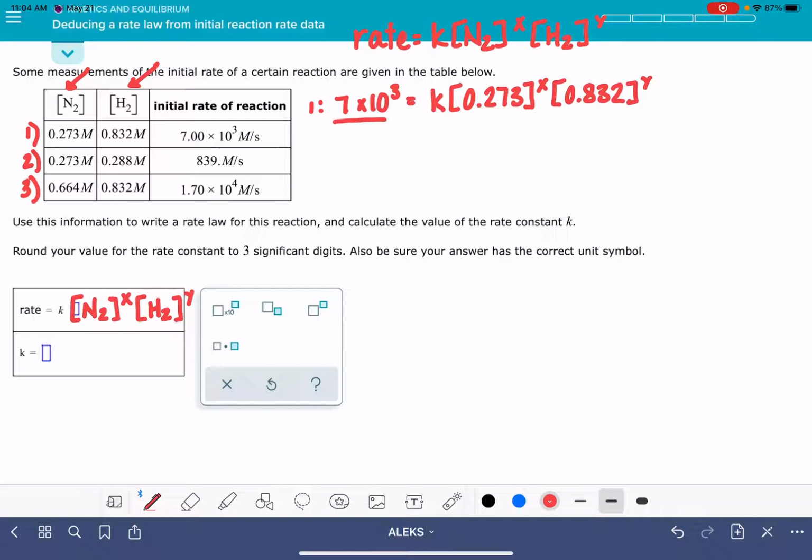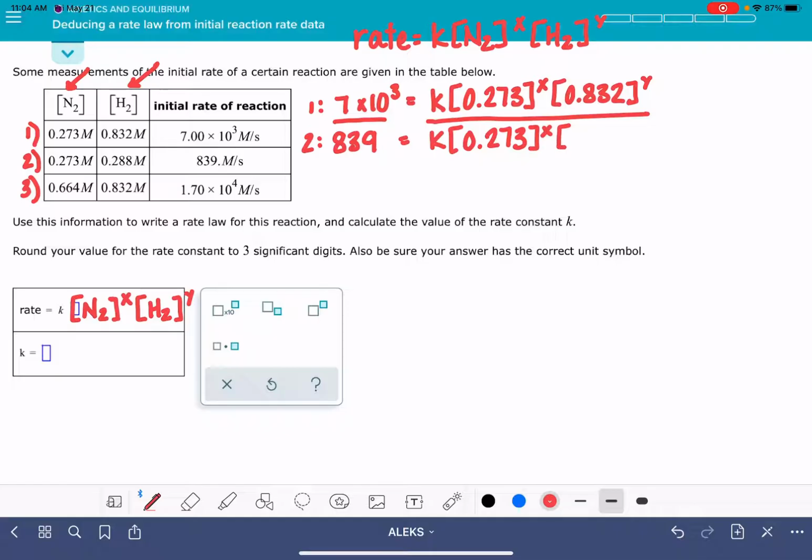Now, underneath all of that, in the form of a fraction, we're going to do the same thing for data set number 2. Again, I picked these because the concentration of N2 is exactly the same. For data set number 2, the rate is 839. The rate constant k, we don't know. The concentration of N2 for data set number 2 is 0.273, raised to the x.